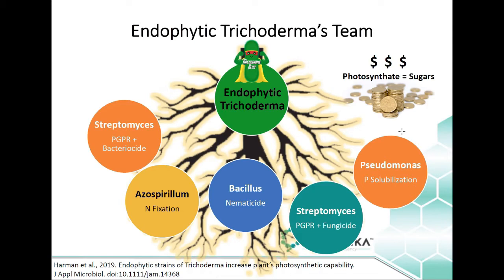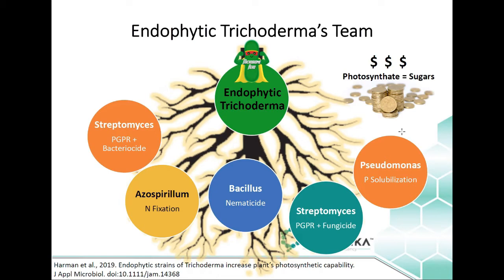So we could see from the DNA and RNA, this group of Streptomyces is involved in plant growth promotion, but also producing molecules keeping bacterial pathogens out of the rhizosphere. Then there's a group of Azospirillum involved in free-living nitrogen fixation, not like the rhizobia infecting the plant, but just sitting there in the rhizosphere and binding nitrogen from the atmosphere and feeding it to the plant.